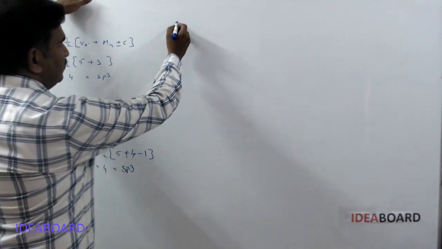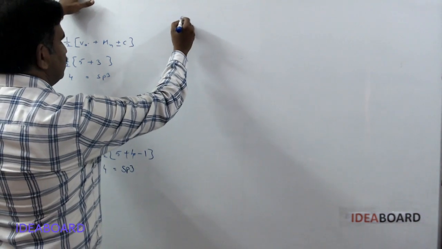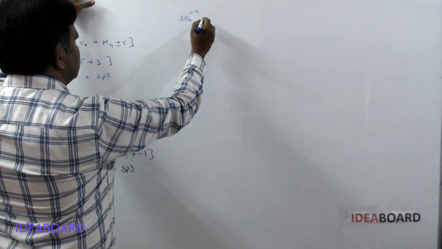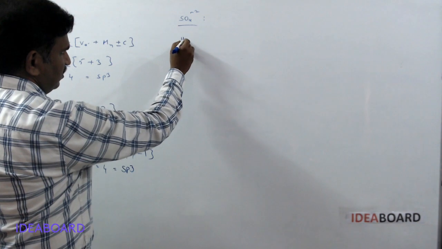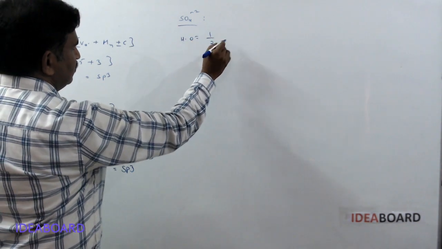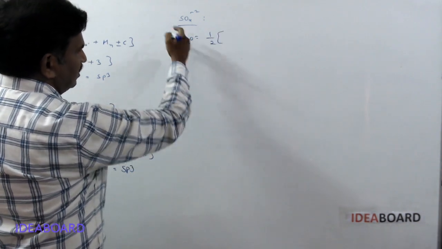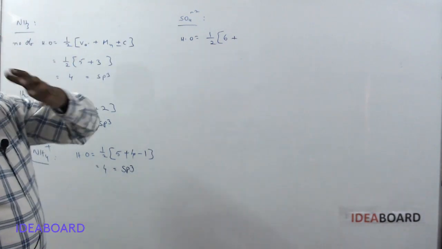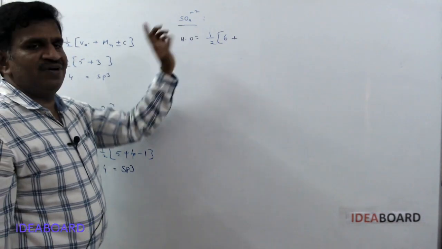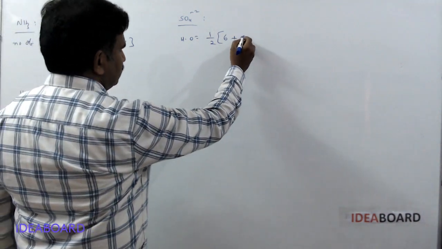Next, suppose you are taking SO4 minus 2. For SO4 minus 2, number of hybrid orbitals is equal to half into, here sulfur is a sixth group element, plus number of monovalent atoms. Oxygen is divalent, so it is 0.